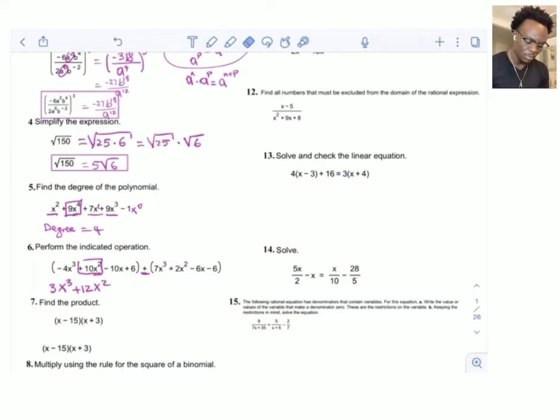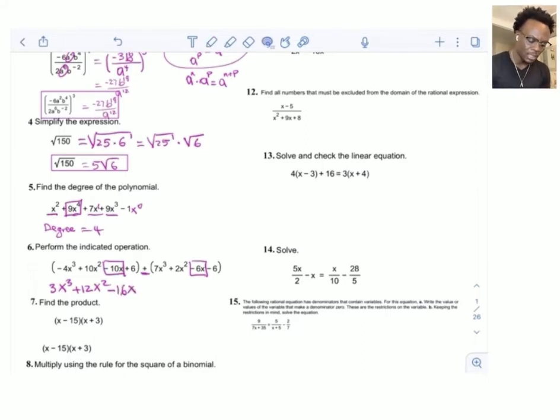Next like terms are negative 10x, negative 6x. They have the same sign. We add, and then keep the sign negative. So negative 10 plus 6 is 16, and then x.